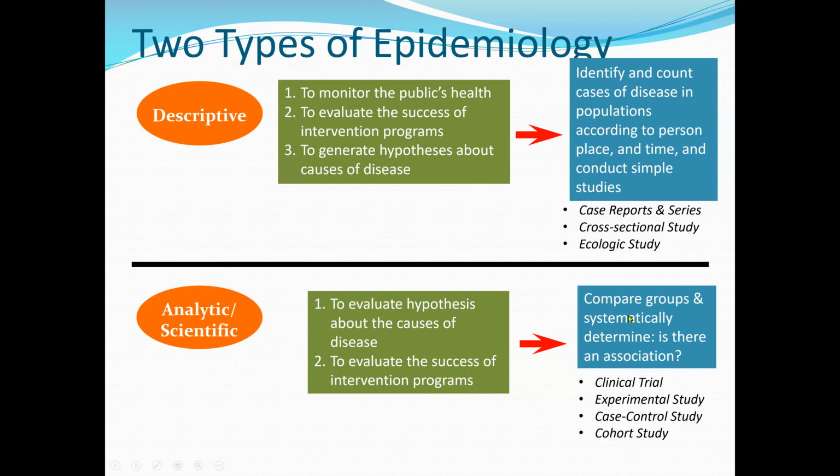We shall go through all the study designs in epidemiology in these lectures and in more detail in our future lectures. So as we mentioned here, we have the case reports and case series, cross-sectional studies, ecologic studies. This is based on descriptive epidemiology.